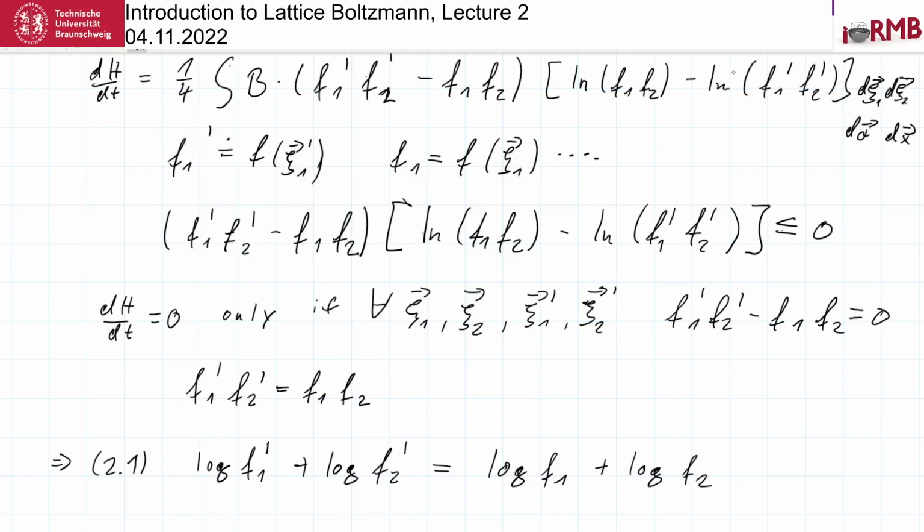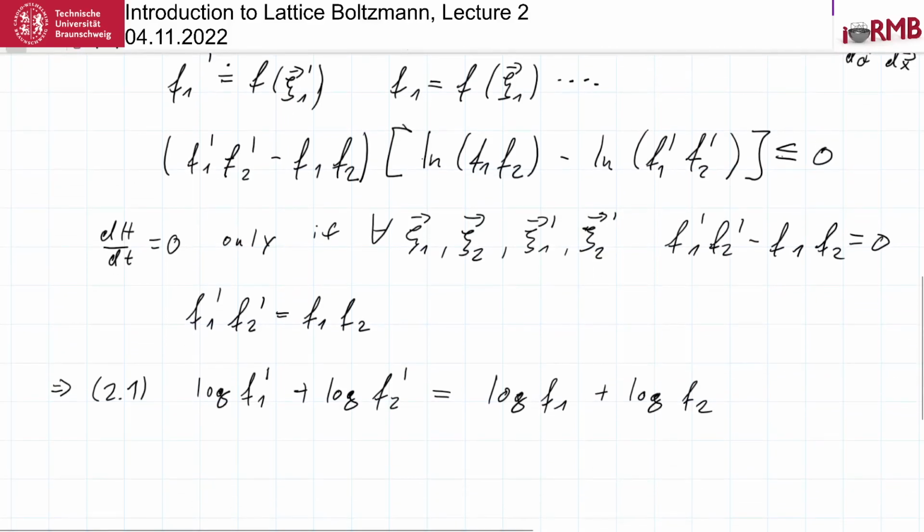Now it was Maxwell's assumption that he could somehow generate a function that fulfills these conditions for given conservation laws, and this was then proved by Boltzmann in 1872.